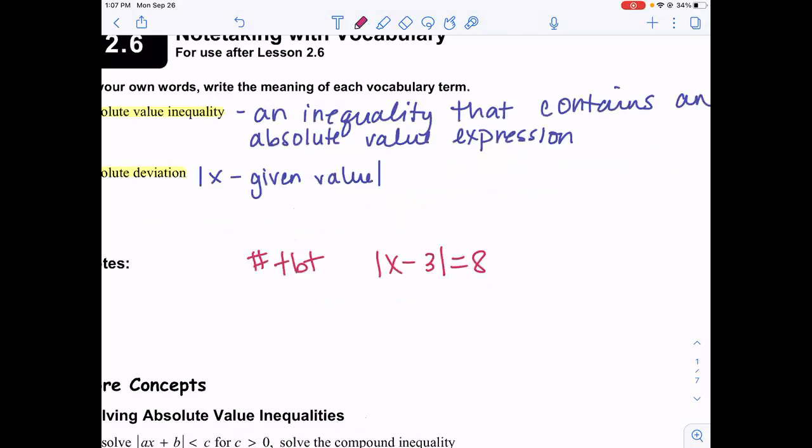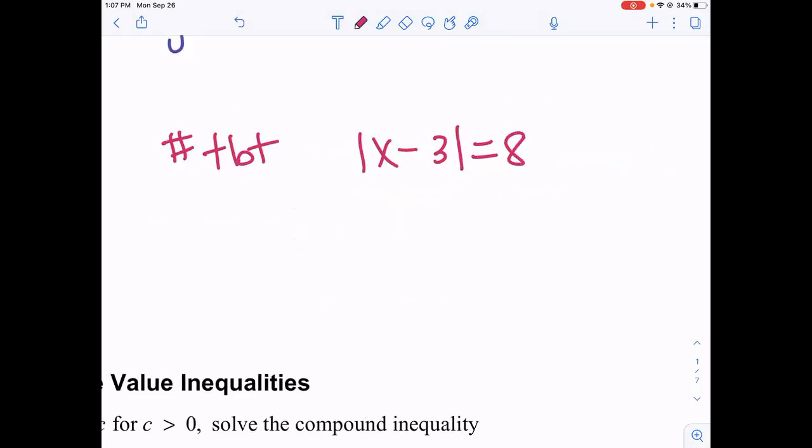Do you remember? Flashback. If I had the absolute value of x minus 3 equals 8, what did we do to solve that? Who can raise their hand and tell me? You split it off into 2 equations, one positive, one negative.